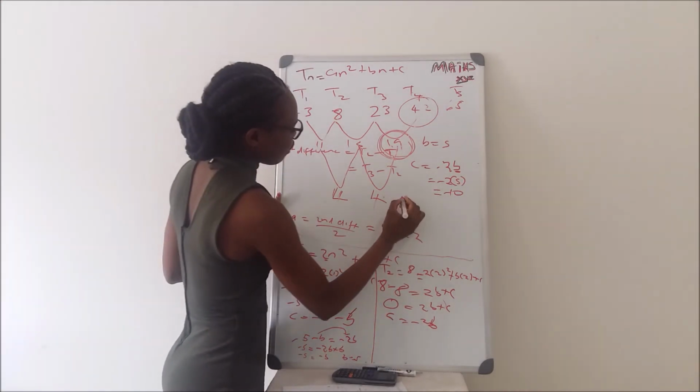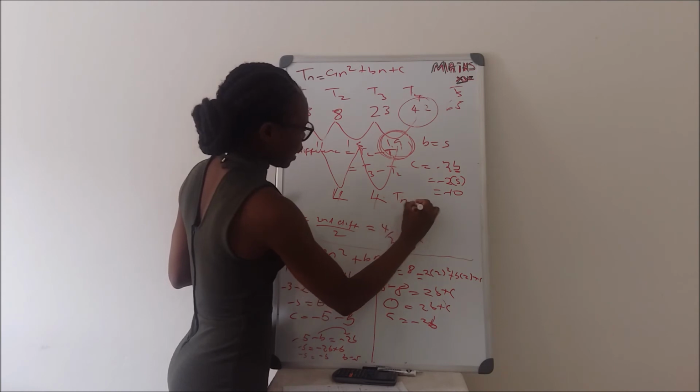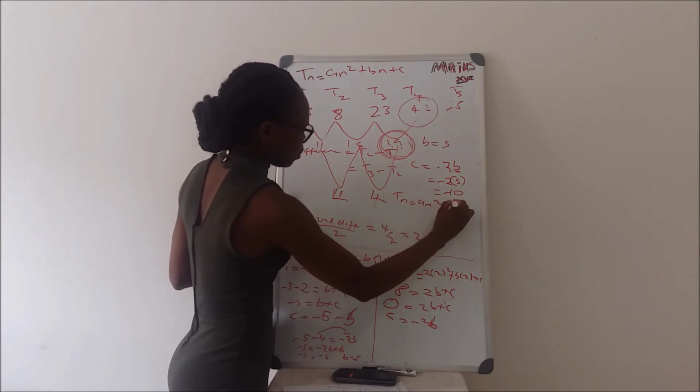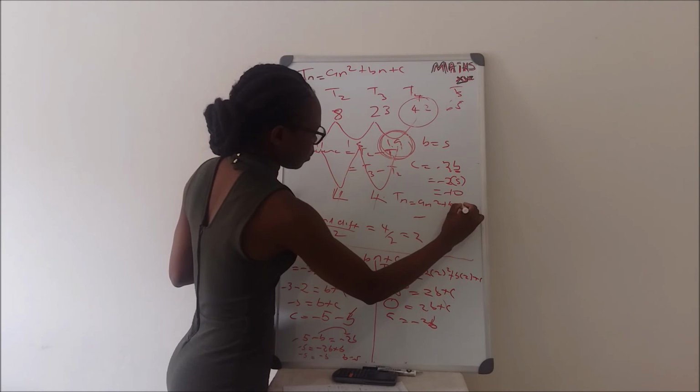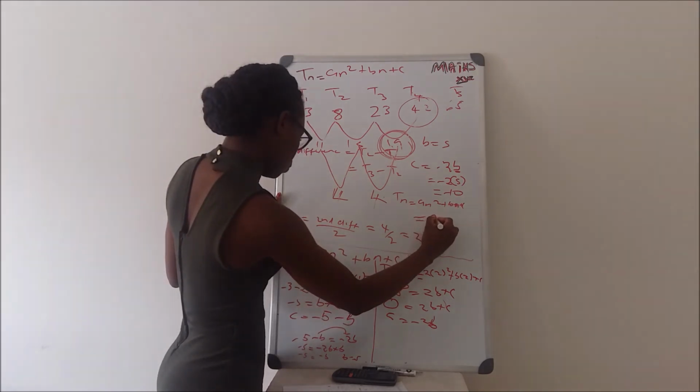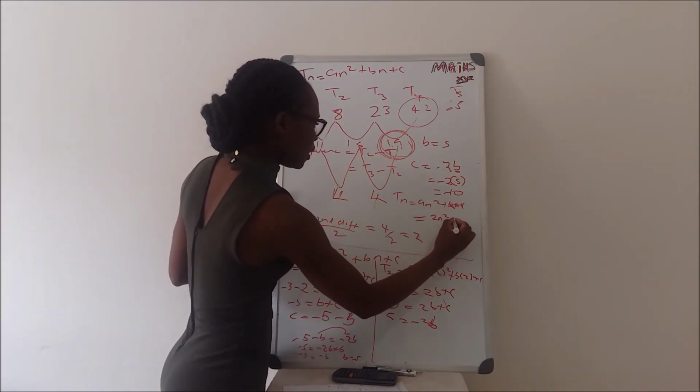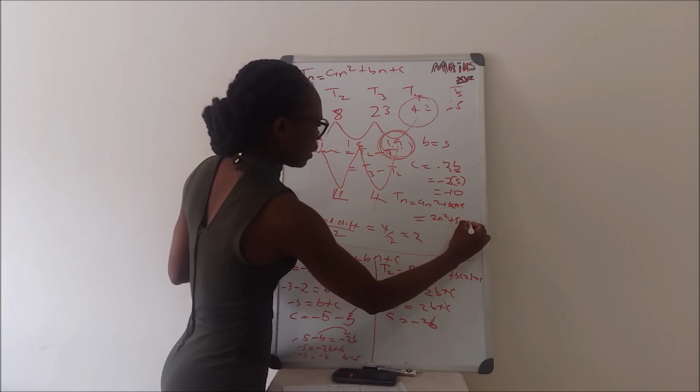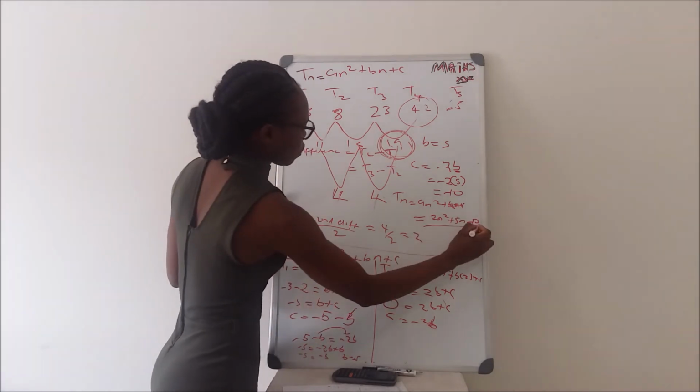Okay, so we have our expression now. Tn is equal to an squared plus bn plus c. So it will be 2n squared, our b is 5n, and minus 10. So this is our expression.